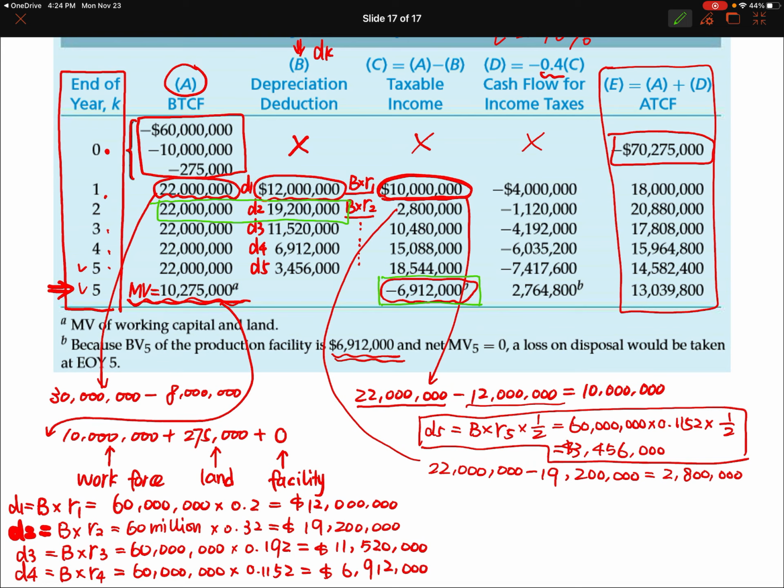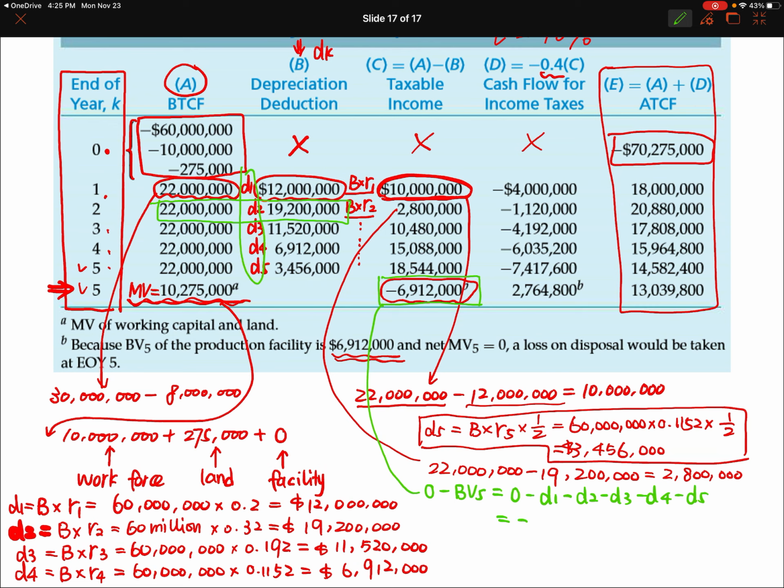Okay, so let's see, it's 0 minus BV5, which is 0 minus D1, D2, D3, D4, D5. Okay, you already have this here.